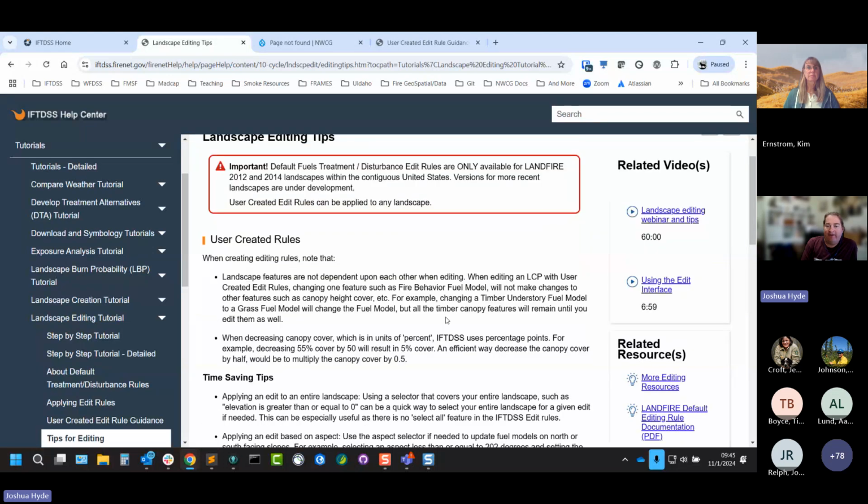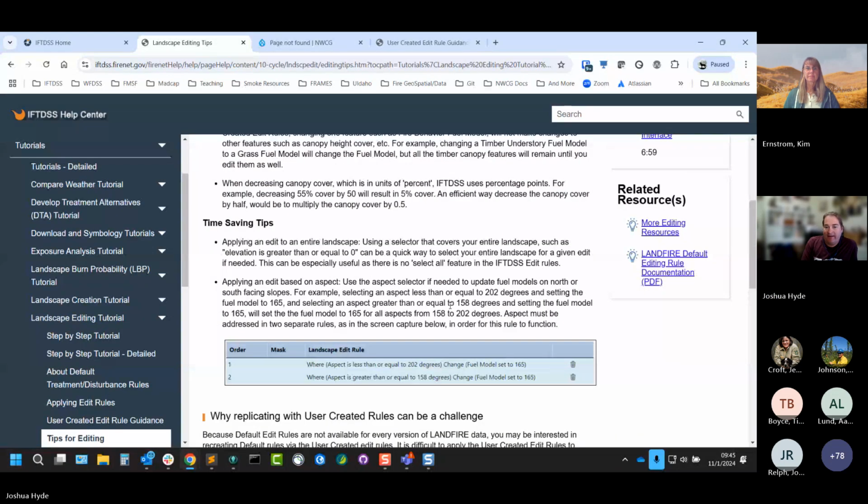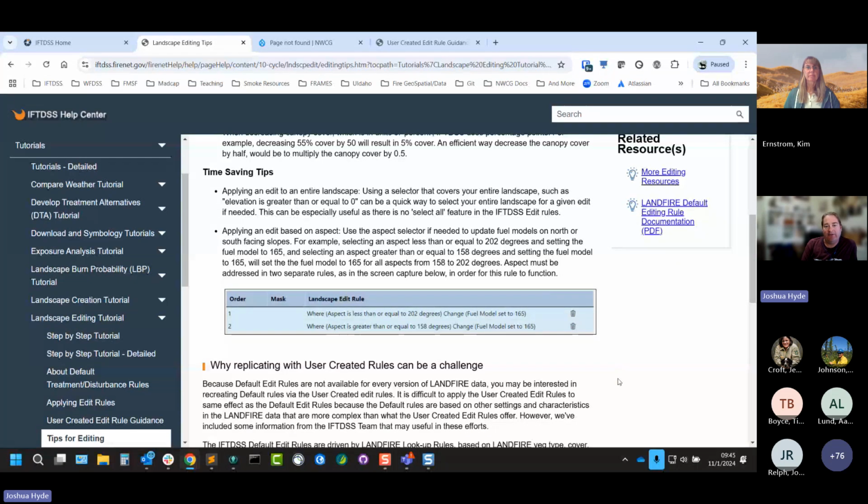One thing I will point out here that we've gotten a couple questions on lately is making landscape edits by aspect. So say changing a fuel model where aspects are between 90 degrees and 270 degrees. We are finding that works best when you do two separate rules for that.